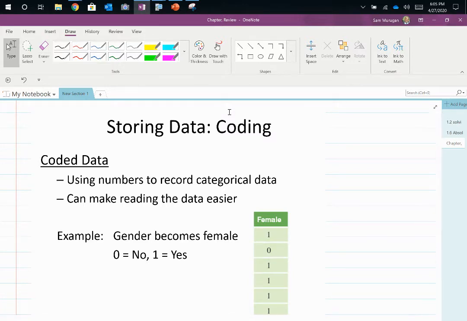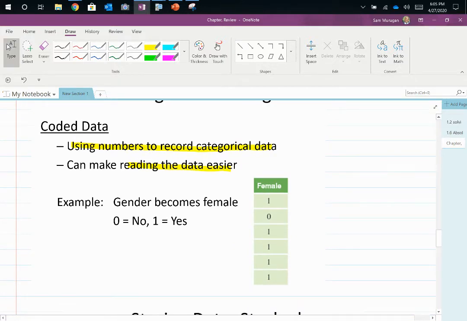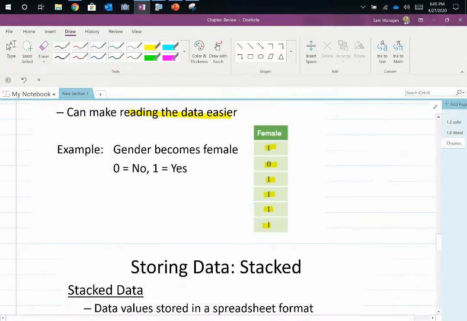Coded data is using numbers to record categorical data. And this makes reading the data easier. For example, gender becomes female. So for every female, we put 1, 0 would mean male, 1 would mean female, and so on. So if there's a 0, that means it's not a female.